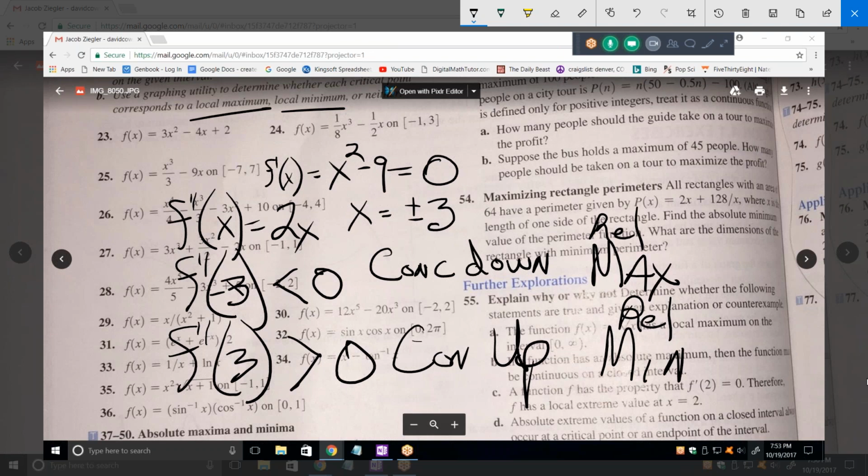We would have had to evaluate the original function at minus 3, and again at plus 3, and again at both endpoints. That would have given us 4 values. And we could figure out whether either of the relative minimums or maximums were also absolute minimums or maximums on that interval.